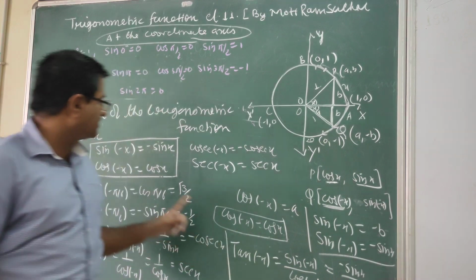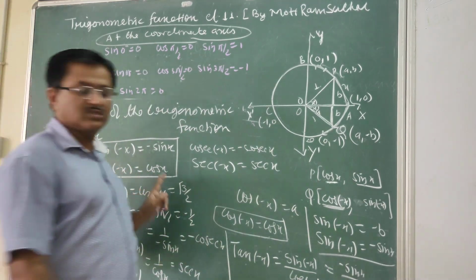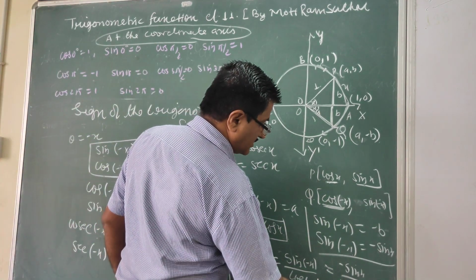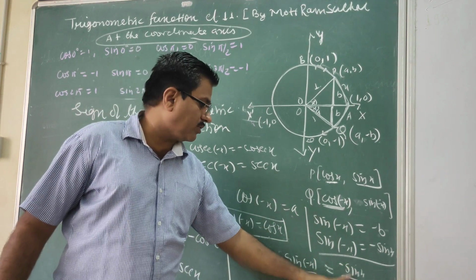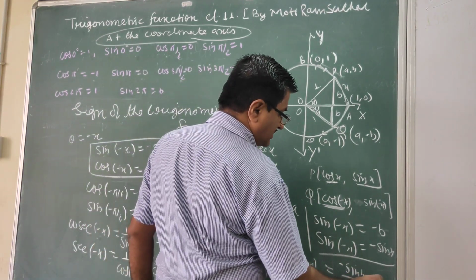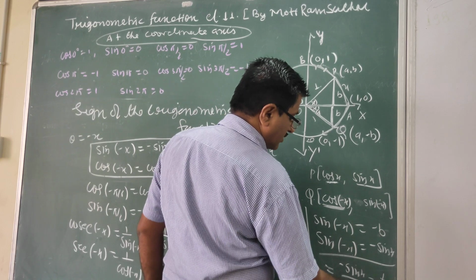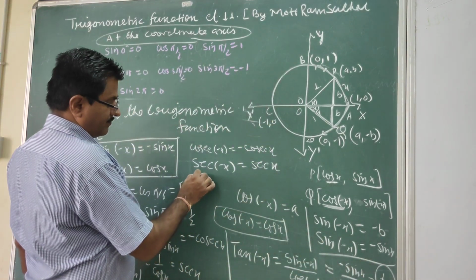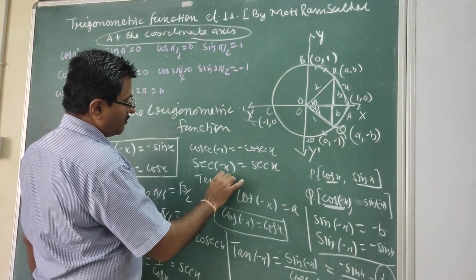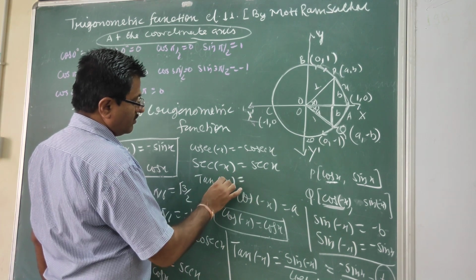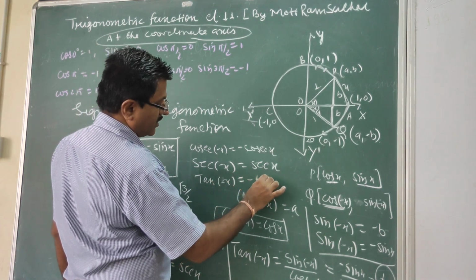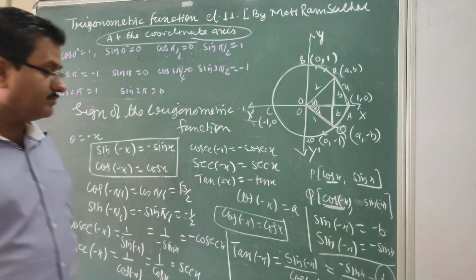And cos minus x can be replaced by cos x. So again, minus sin x upon cos x is equal to minus tan x. So we get here tan of minus x is equal to minus tan x. Clear?